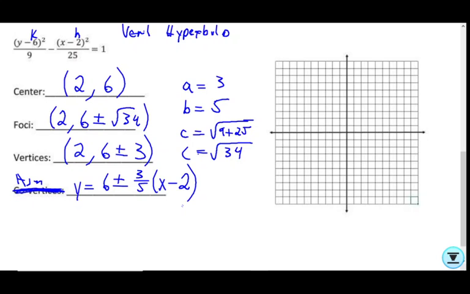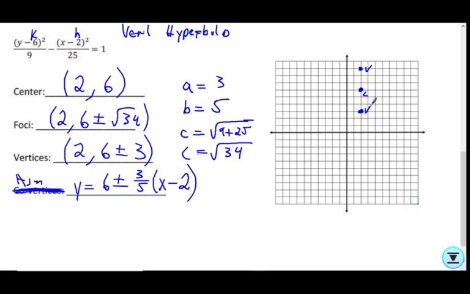And we do it the same way. Start from the center. 2, 6. 2, 1, 2, 3, 4, 5, 6. So that's the center. The vertices this time are going to be up and down. So we're going to go up 3, 1, 2, 3. Down 3, 1, 2, 3. Those are my vertices.